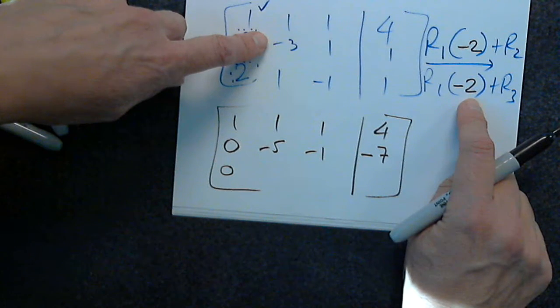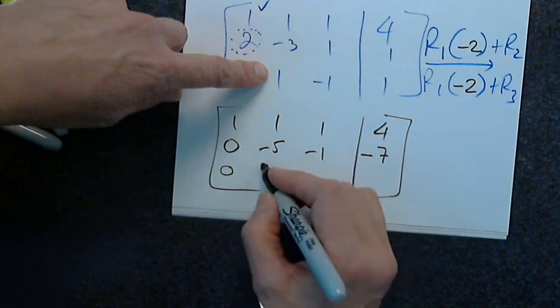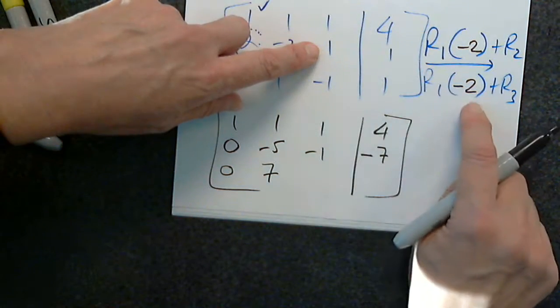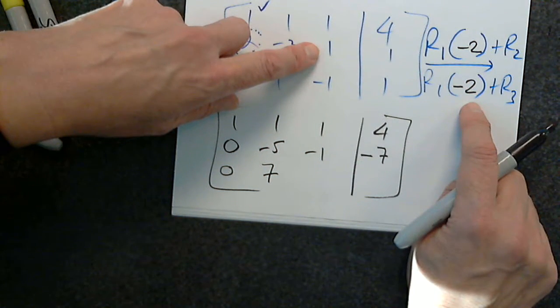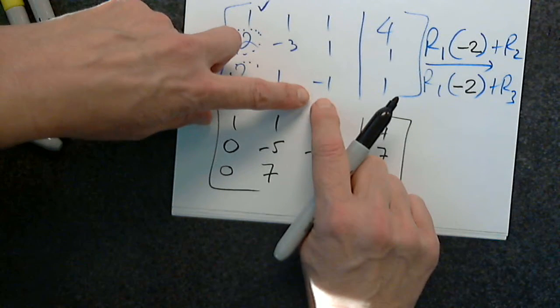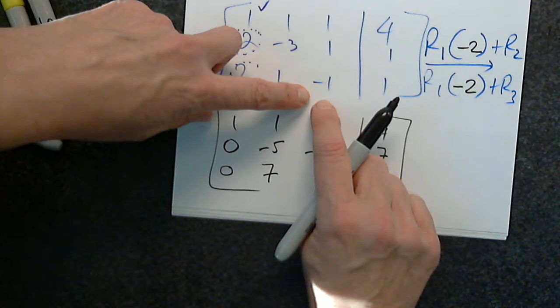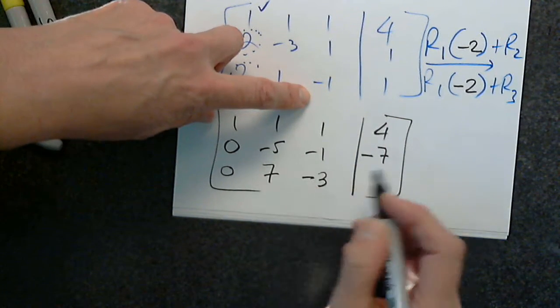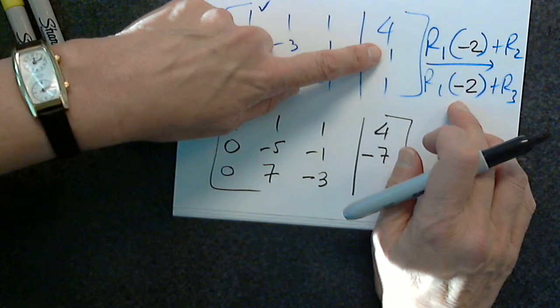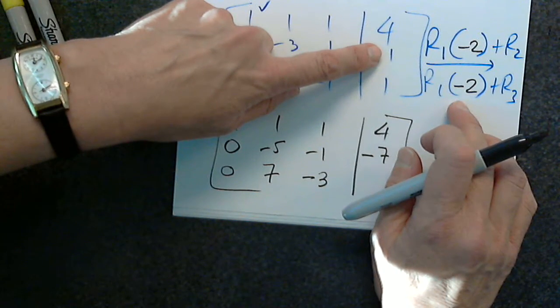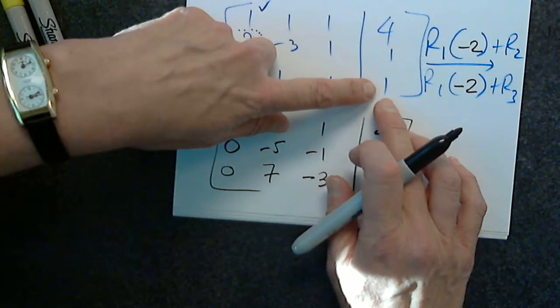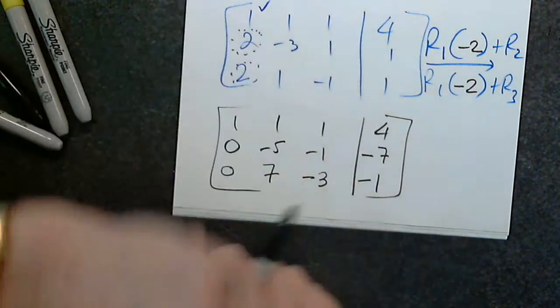We multiply. 6 plus 1. 1 times negative 2. Negative 2 minus 1. 1 times negative 2. Negative 2 plus 1. Negative 1.